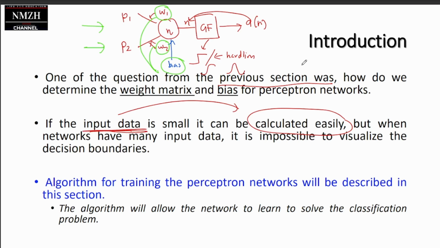But when the network has many input data, it is impossible to visualize the decision boundary. Meanwhile, that is particularly for programming in Python and so on. The algorithm for training perceptron networks will be described in this section. We will discuss how the network learns to solve the classification, I mean the binary class.